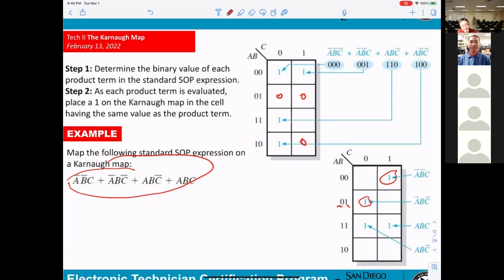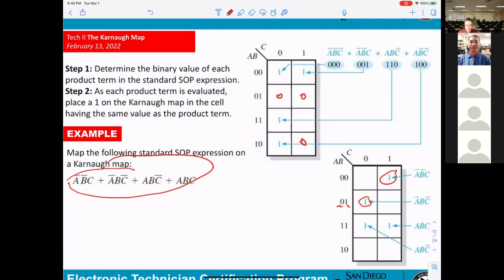That means you get a product. I want you to map a logical 1 into the K-map for each product. Can you do it or not? Is anything confusing, anything not understood? We have to understand that first before we go to the next part.